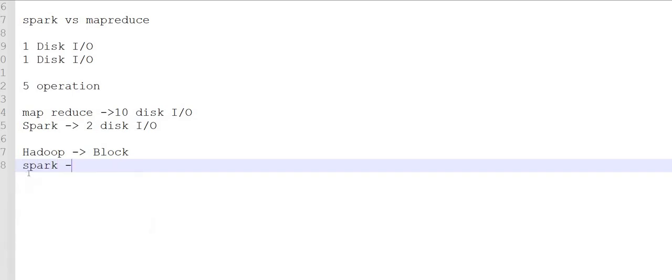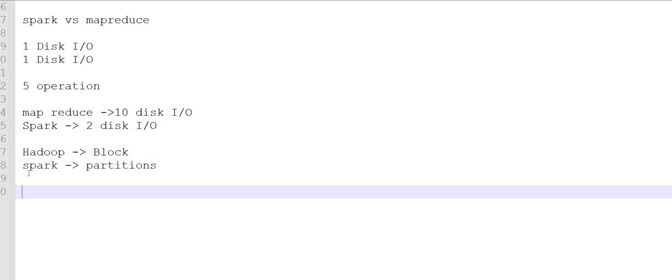In the form of partitions, it loads the data into memory. And the basic unit which holds the data in memory is called an RDD, the resilient distributed dataset. This is the basic thing in Spark.